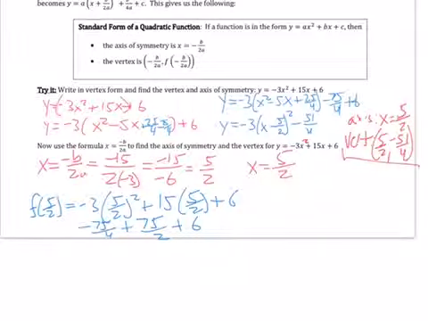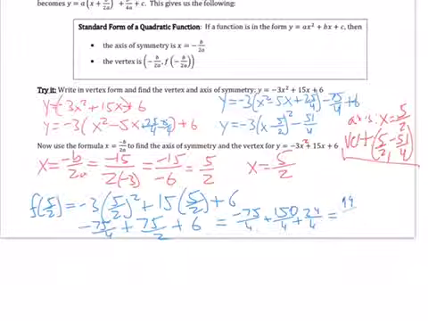Now we've got to add these together. Maybe we'll get a common denominator of fourths real fast. Adding that together, we're going to get 75 plus 24, that's going to be 99 fourths. Now, something came out a little different. Do you see my mistake up above? 99 fourths. There's our vertex.